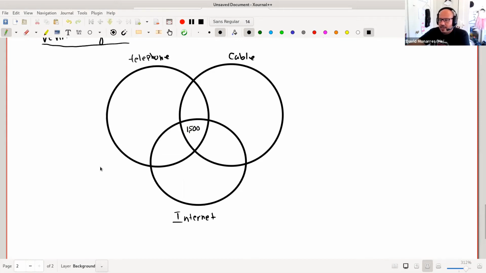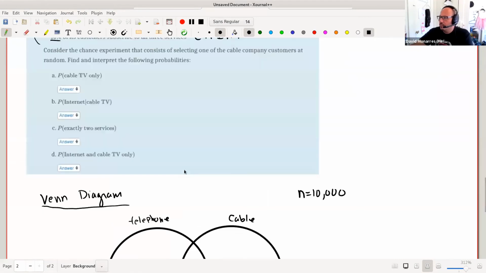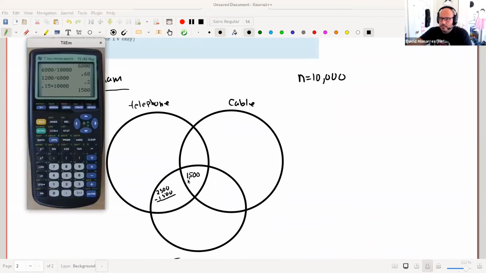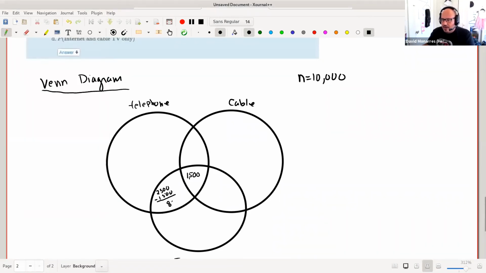So this area here is going to be that 2,300 minus the 1,500 that I've already accounted for, because all of the telephone and internet users put together is going to be 2,300. I've already accounted for 1,500 that use all three. So that's going to leave us with 2,300 minus 1,500, which is 800 people in this little area right here.